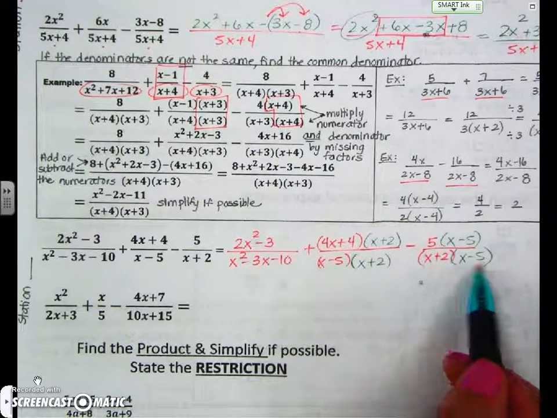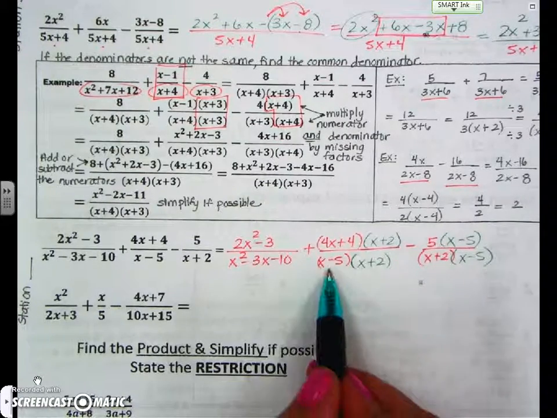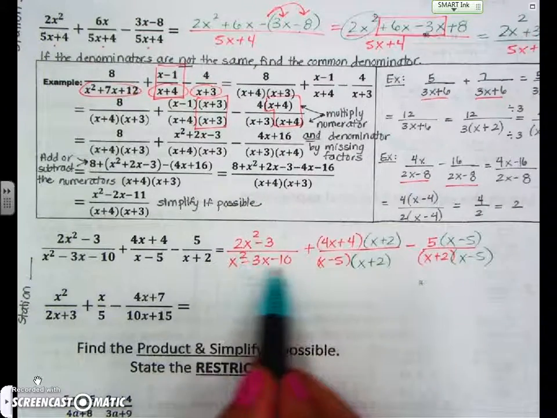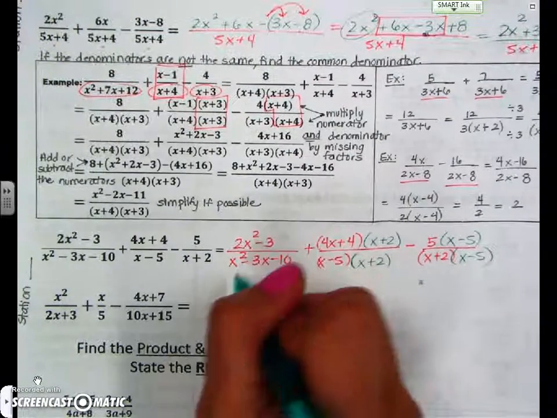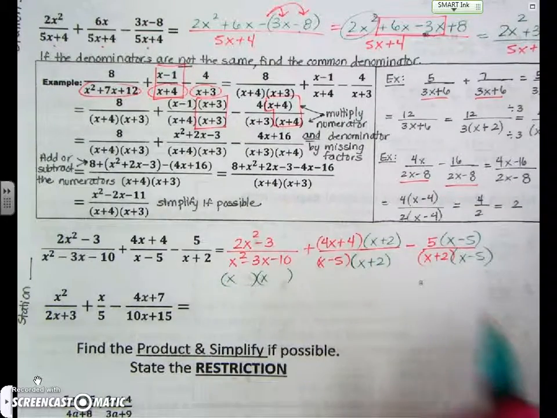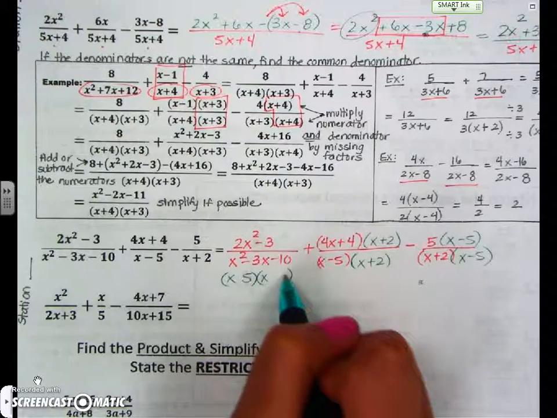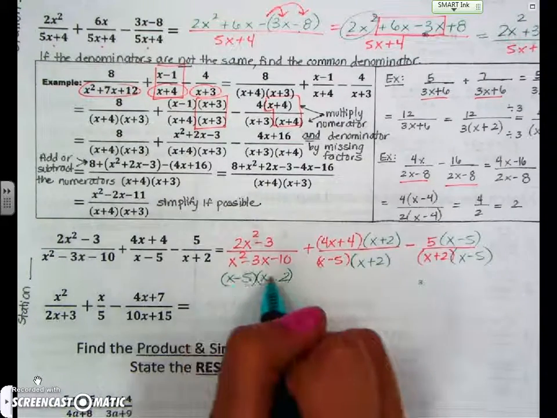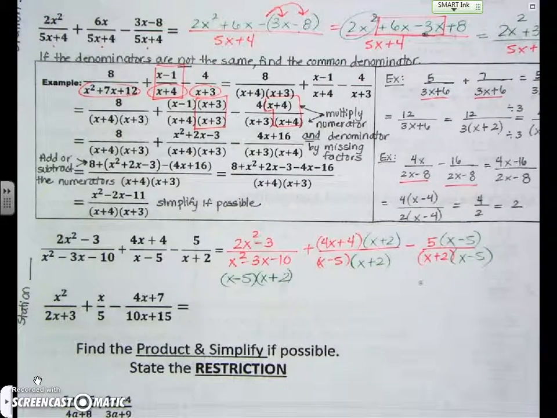Okay, so you have x minus 5, x plus 2, x minus 5, x plus 2. And this, if I were to factor it, guess what it factors to? Yep. What are the factors of negative 10? 5 times 2. So that one of them equals negative 3. Okay, so I rewrote each of my fractions so that they're the same denominator. Questions on that? No? Okay.